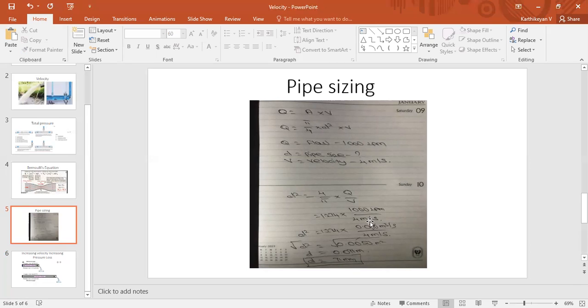The answer is, if you decrease the pipe size, only then will the velocity increase. If you put the proper pipe size, the velocity will not increase. As per my experience, in one hydraulic calculation, I mistakenly put 1 inch pipe instead of 6 inch.